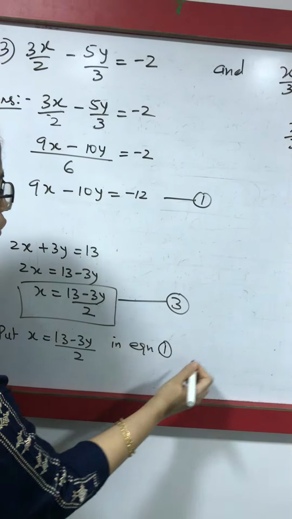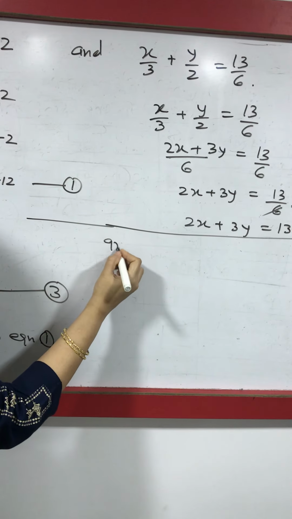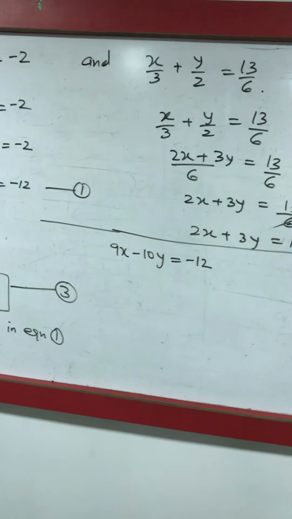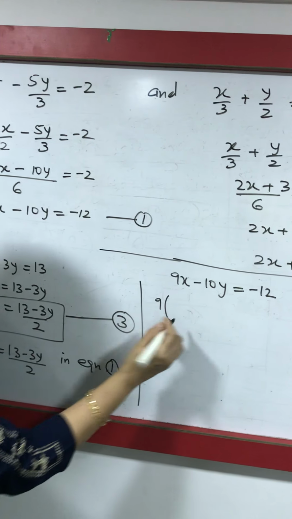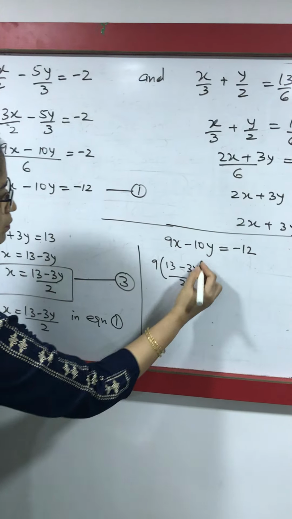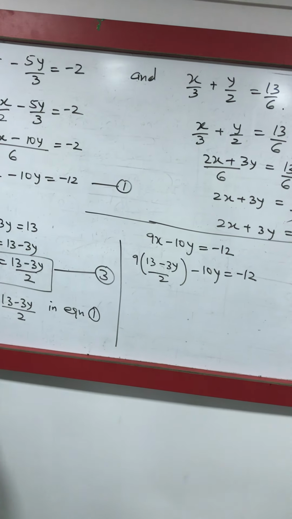So equation 1 is 9x minus 10y is equals to minus 12. I will now substitute the value of x as 13 minus 3y upon 2 and solve to get the value of y.